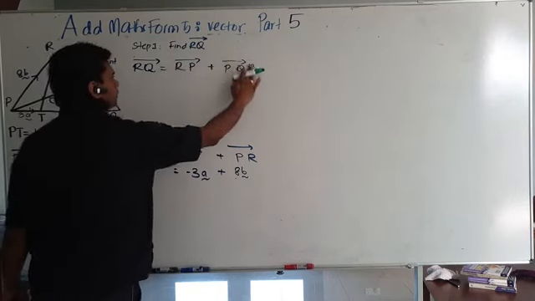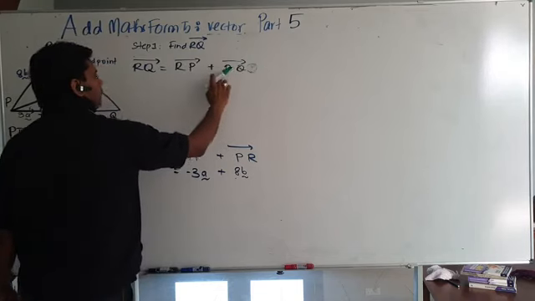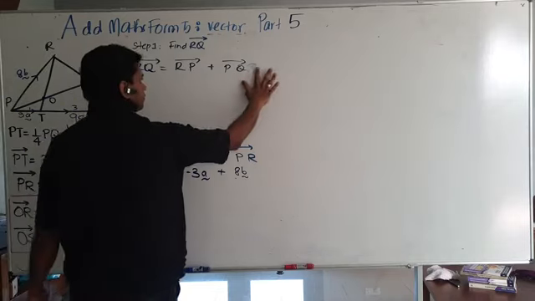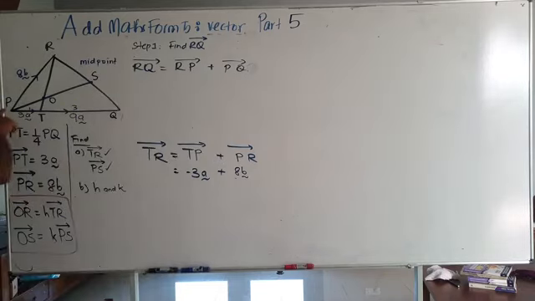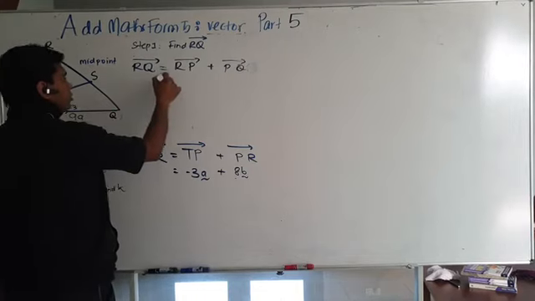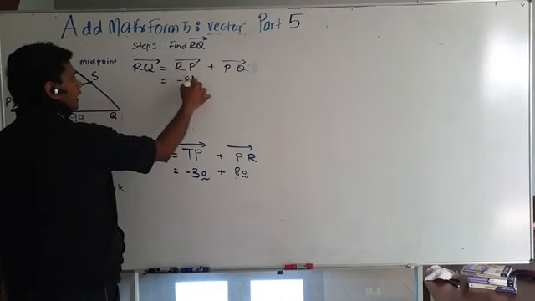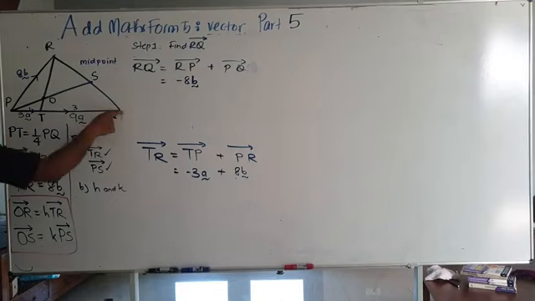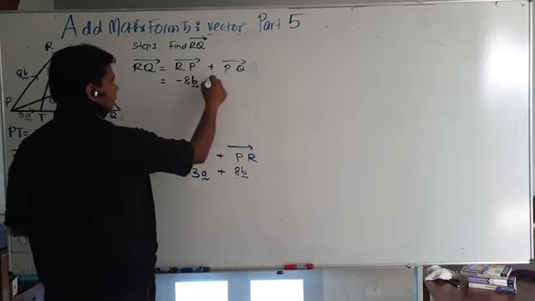So the P and the P get cancelled off and you'll get RQ. Okay, so what is RP? PR is given, but we need RP. So RP is in the opposite direction. It's going to become negative 8B. What is PQ? PQ here is 12A. So I'm going to write down 12A.